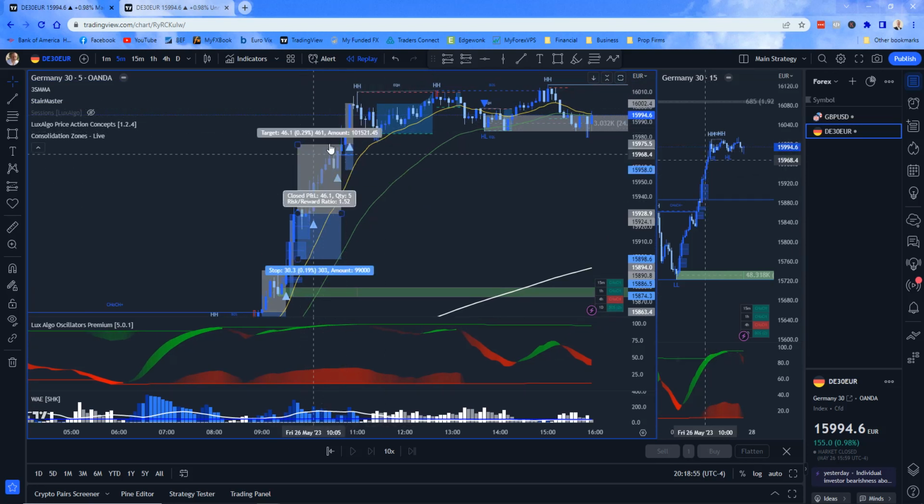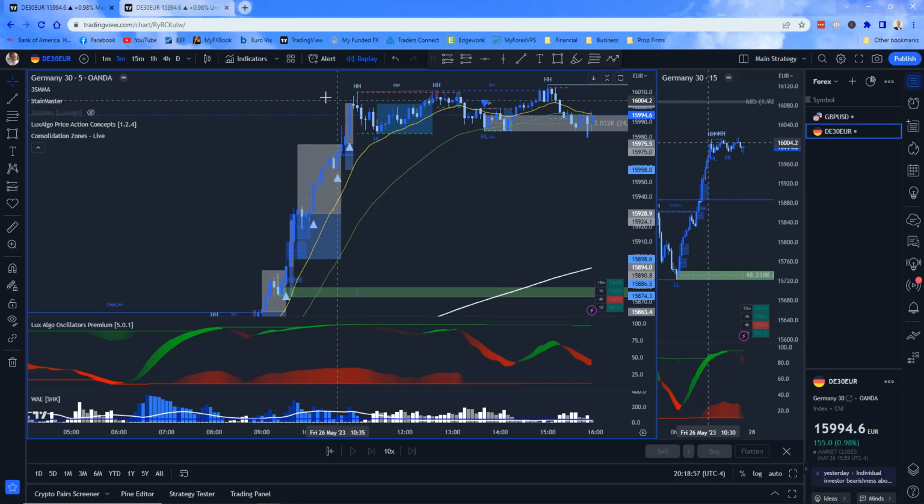Then it's really just riding the momentum. As long as everything is green with the trend, I'm staying in it. So that's pretty much how I trade. It's a little more complicated, obviously, but the more you use it, the more it becomes second nature to you.